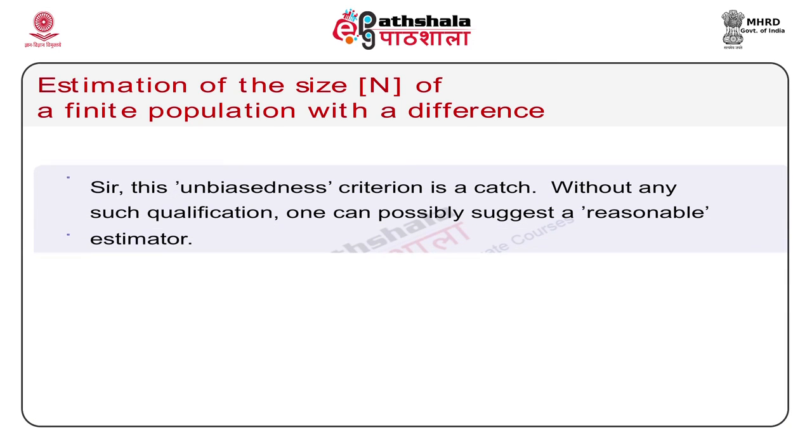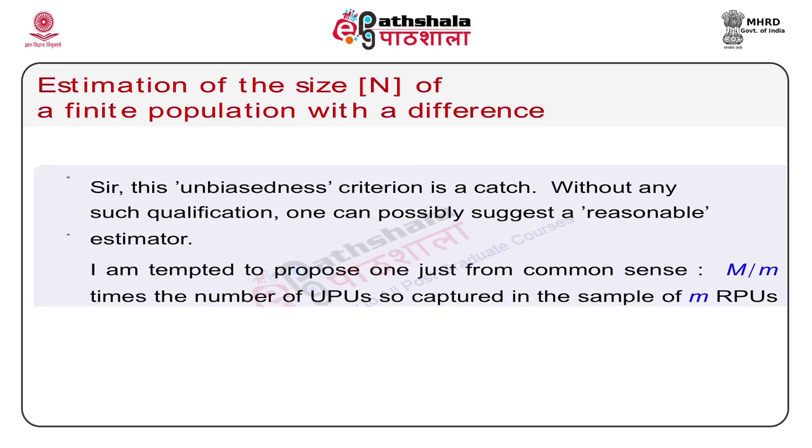So, this unbiasedness criterion is a catch. Without any such qualification, one can possibly suggest a reasonable estimator. I'm tempted to propose one such from common sense. Capital M divided by small m times the number of ultimate population units so captured in the sample of small m reference population units out of capital M reference population units.